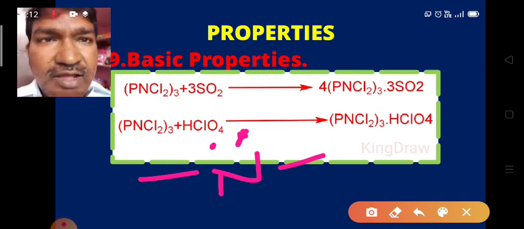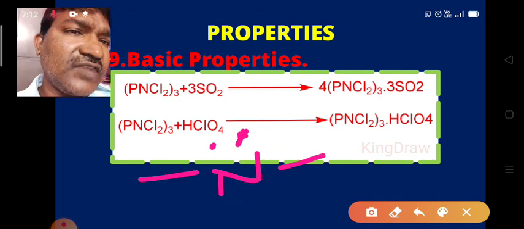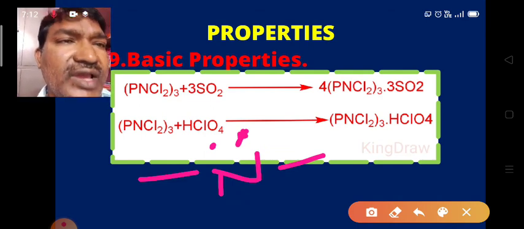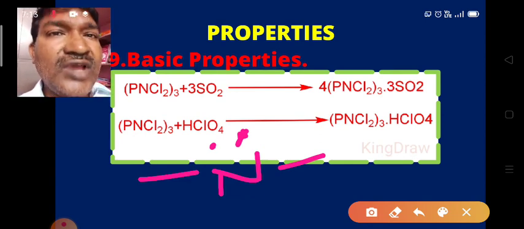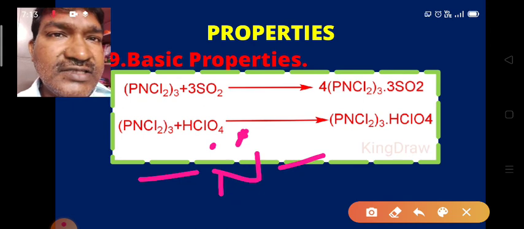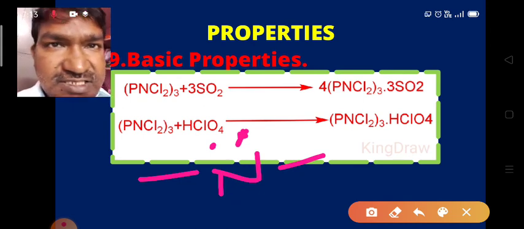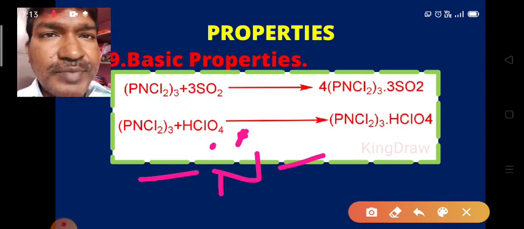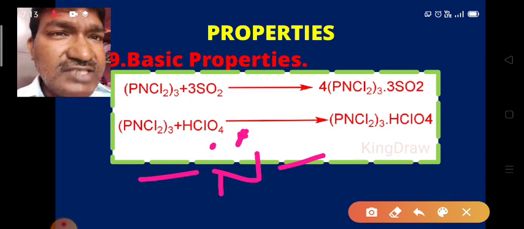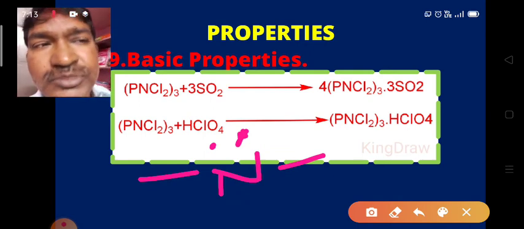As a result, this trimer reacts with sulfur dioxide and perchloric acid and forms salts. We know very well that sulfur dioxide is a non-metal oxide, so it behaves as an acid. So here phosphazenes, due to the presence of nitrogen, behave as Lewis bases and react with acids and form salts.